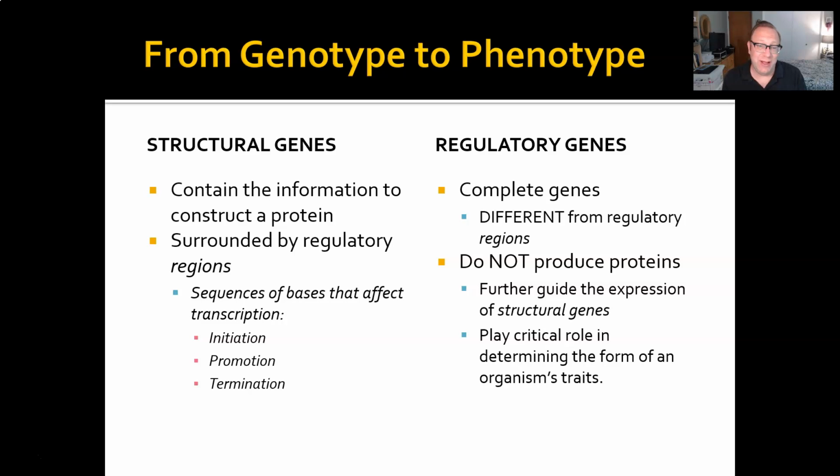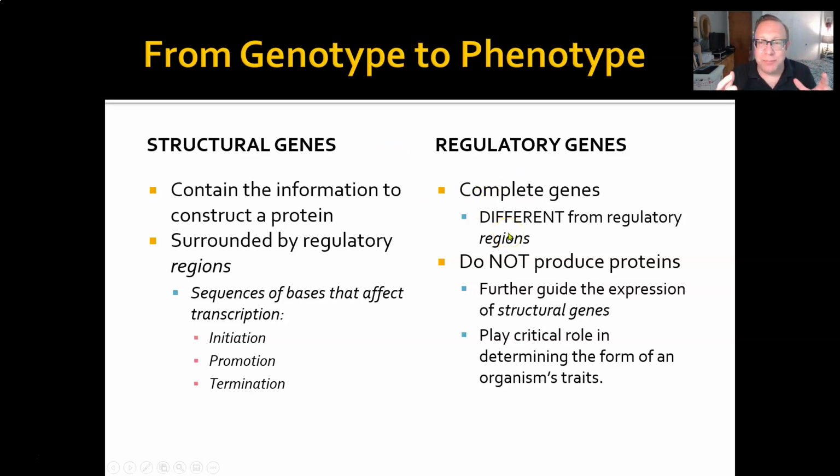Regulatory genes, on the other hand, actually are genes. They produce proteins, but the proteins they produce are targeted at binding to the regulatory regions and the regulatory sites in other genes. They are what causes the initiation, the promotion, the termination, the inhibition.